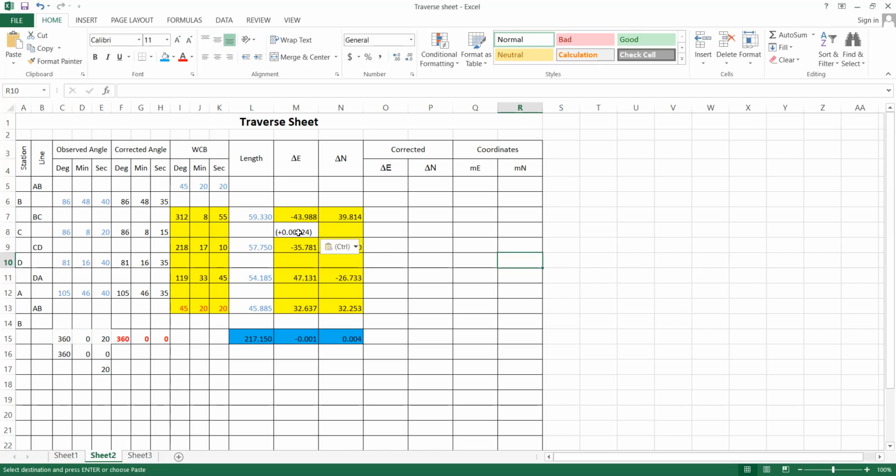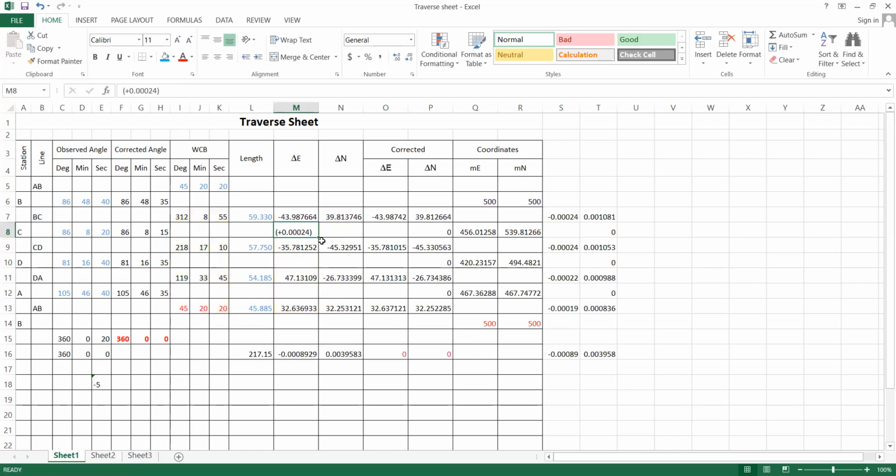If you just see the formula I have used, right? So if you can see the cell address, to calculate this minus, the value I have used, now you can see, right?